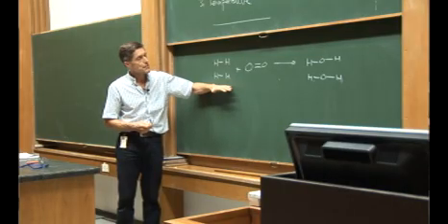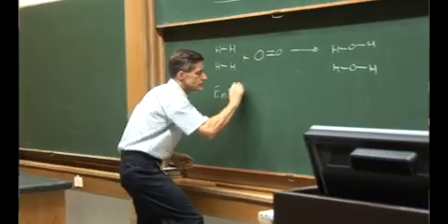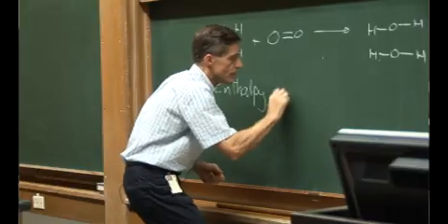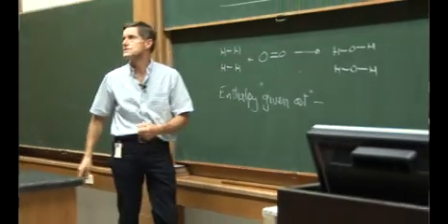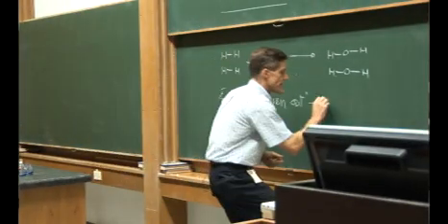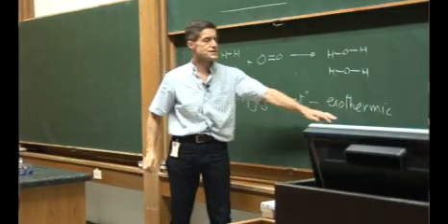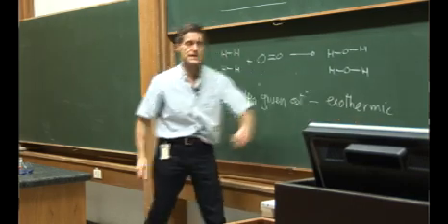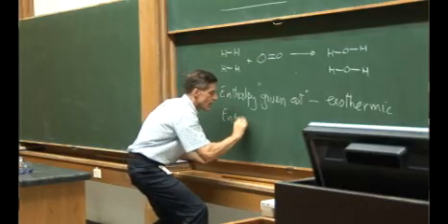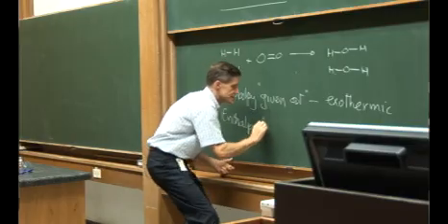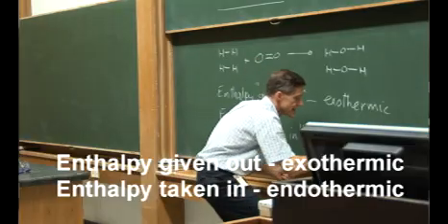And enthalpy can be either given out in a reaction, and in that case, we say that the reaction is exothermic. Which is literally, outside heat. Heat's given out. If, on the other hand, enthalpy is taken in, we call that reaction an endothermic one.